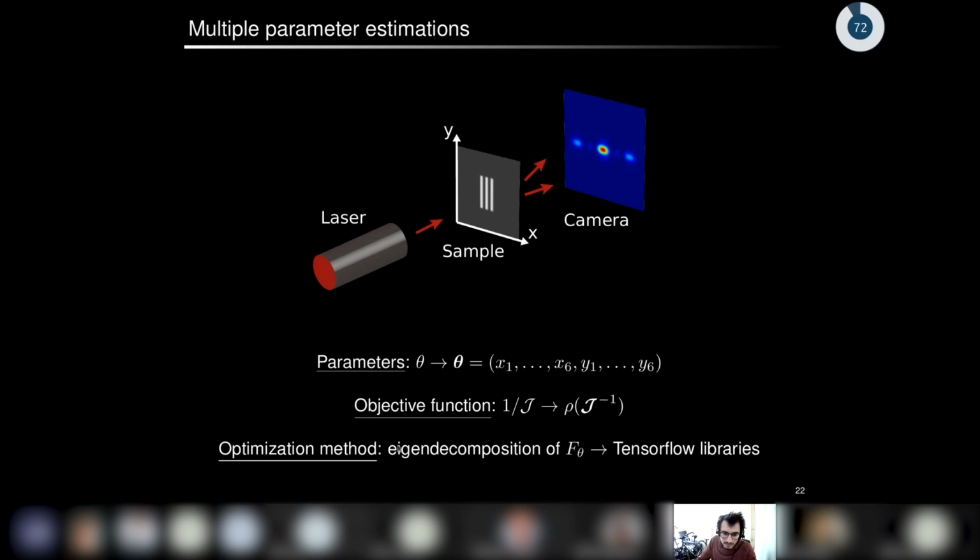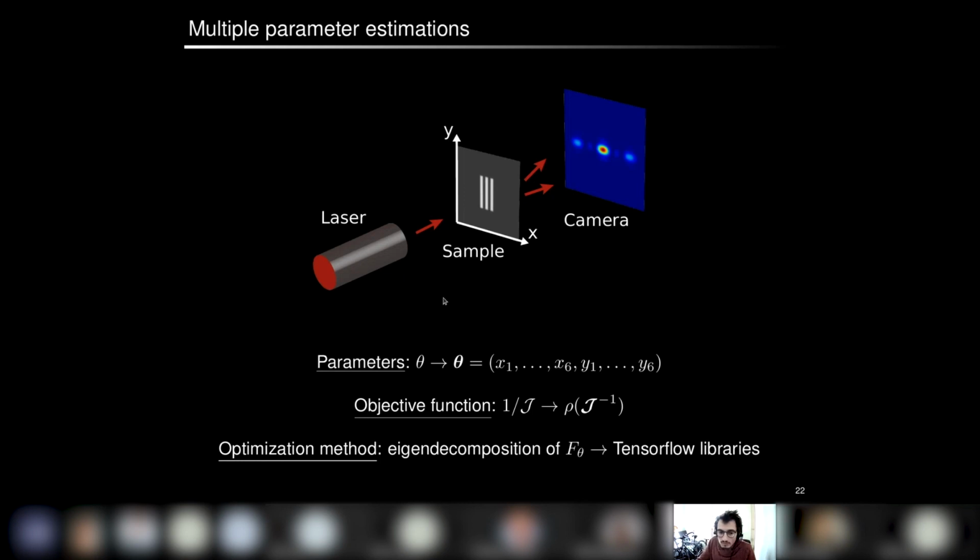And lastly, the optimization methods need to change, because we cannot simply make an eigendecomposition of a Fisher information operator. Now the problem is more complex. You have more parameters, and we need to run optimizers from the TensorFlow libraries, such as Adam. And with this in mind, we can solve several questions.